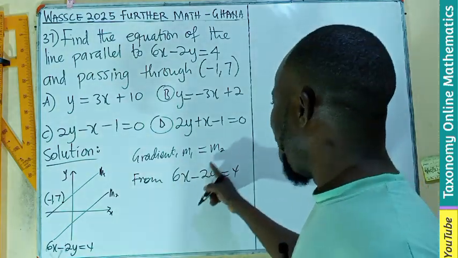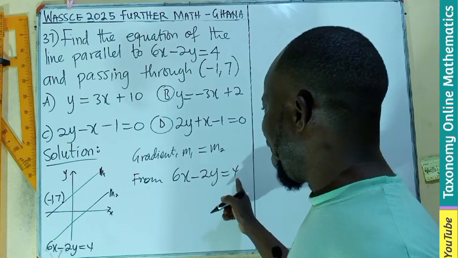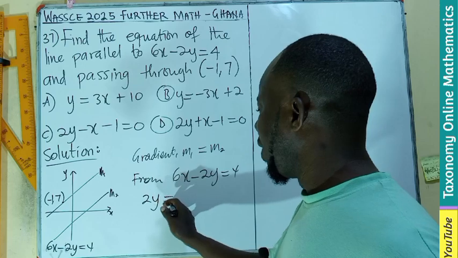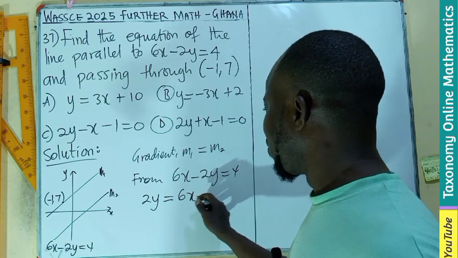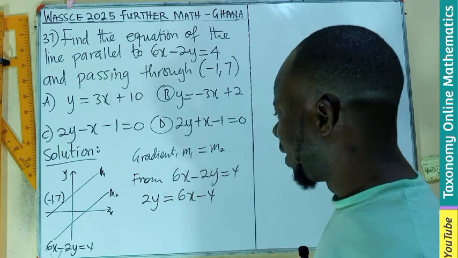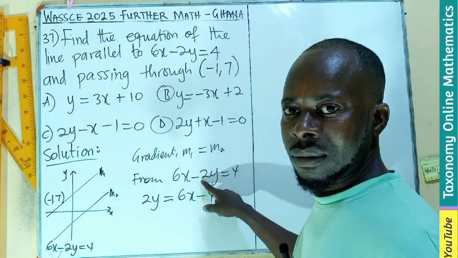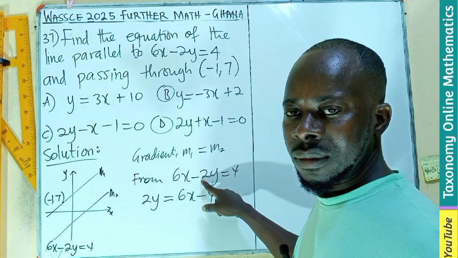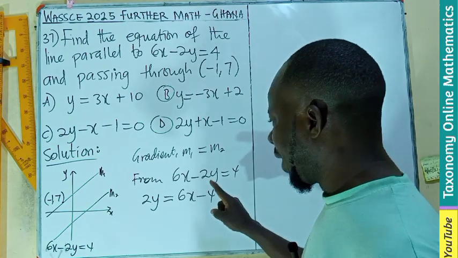So what do I do? I transpose this and bring in this. So this becomes 2y equals to 6x minus 4. Check it carefully.